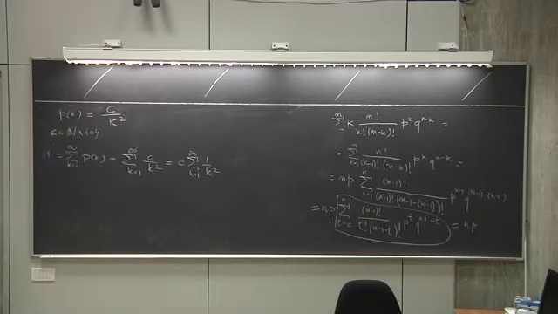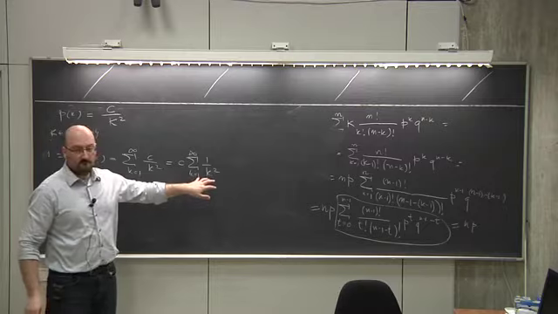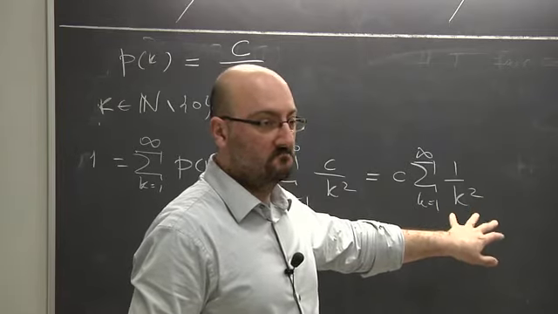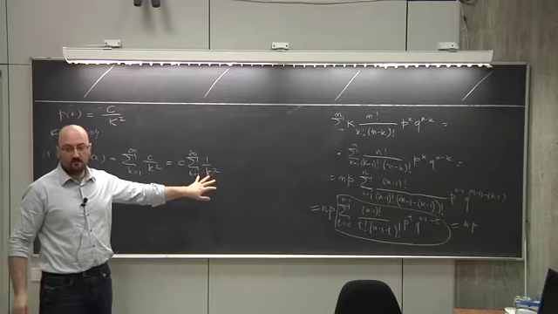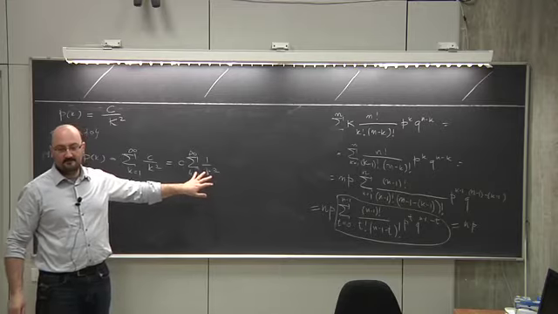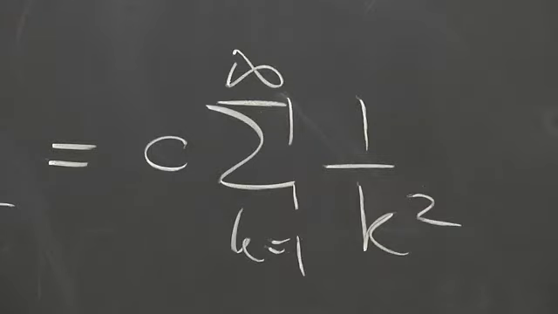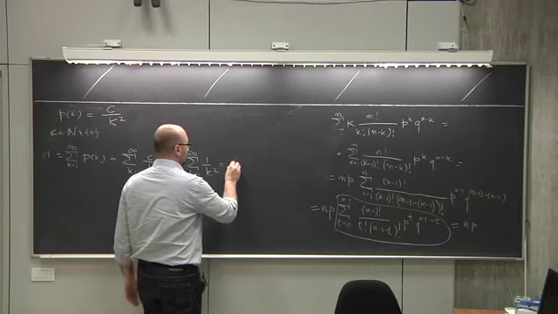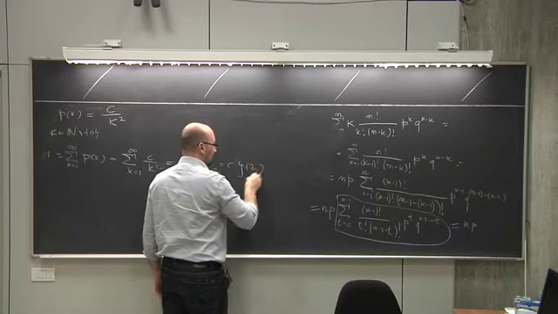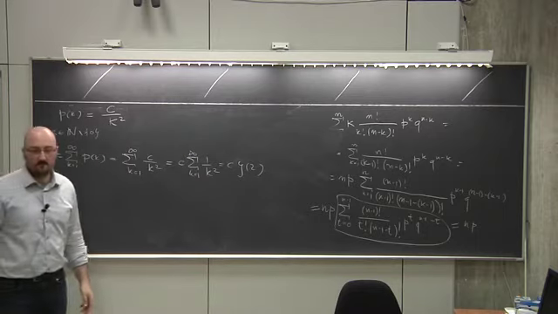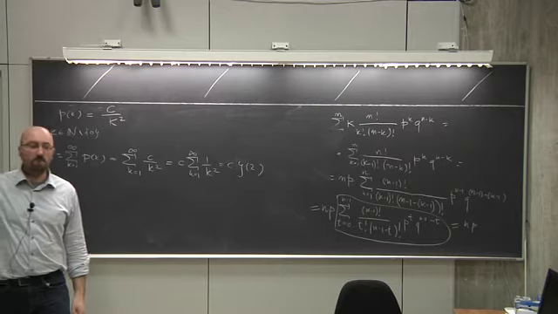So first of all, is this sum finite or not? It's finite. Do you know which number is this? Pi square over 6. That's correct. This is the Riemann zeta function in 2. Riemann zeta function on the even numbers is easy to compute. It's always pi to some power.